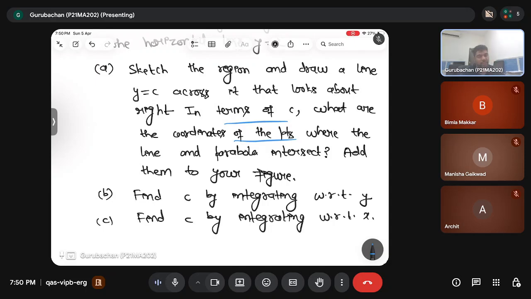Obviously the value of c will not change whichever integration you choose from part b or part c, but it's just to make you feel more comfortable integrating with respect to y-axis or x-axis. So quickly try this one.